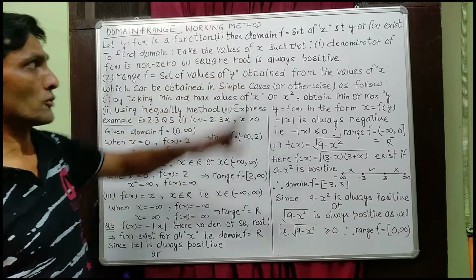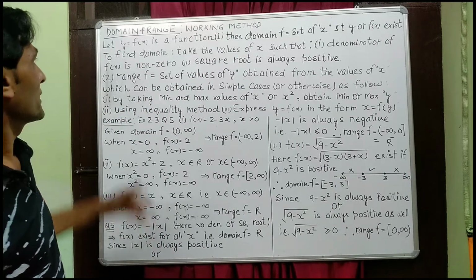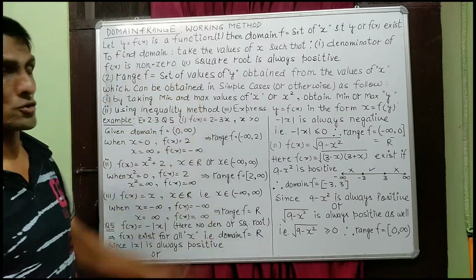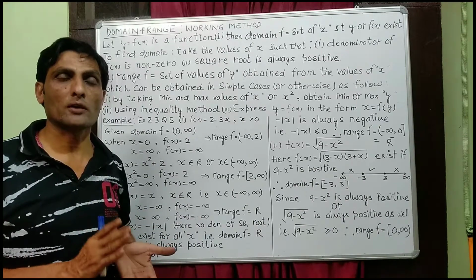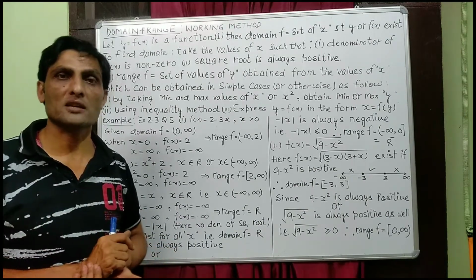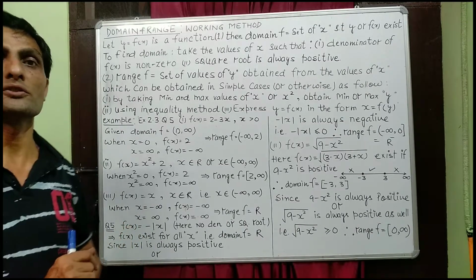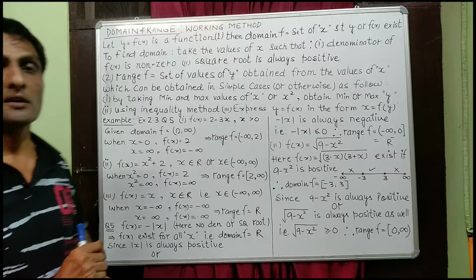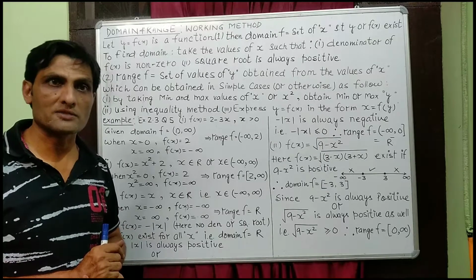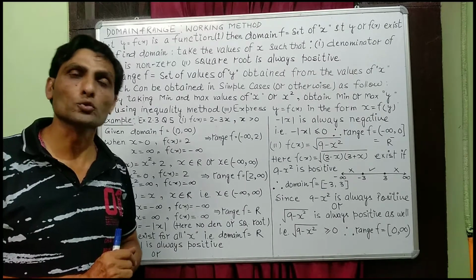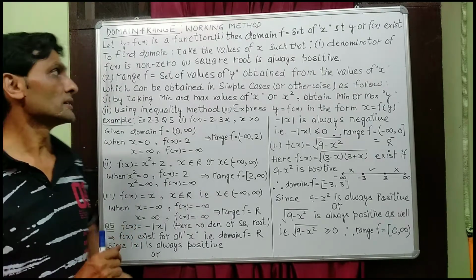Take the values of x such that the denominator of the function is non-zero. Whenever you find the domain of a function, you have to take the values of x such that the denominator is not zero. That means if the denominator is 0 for some value of x, then this value cannot be taken into the domain.